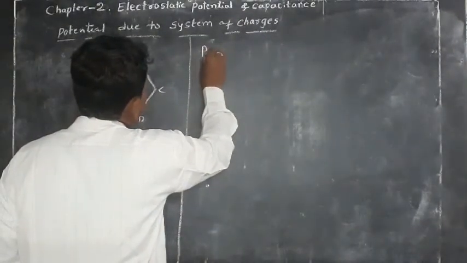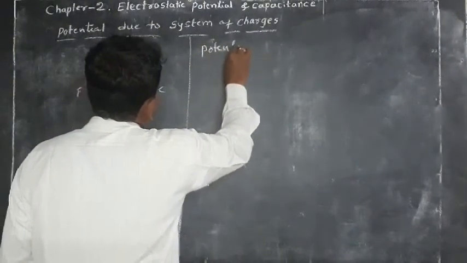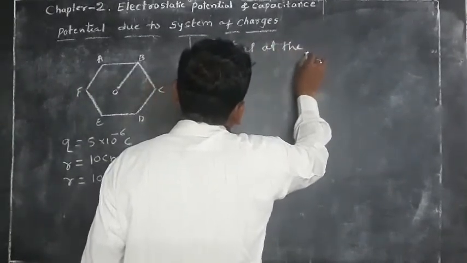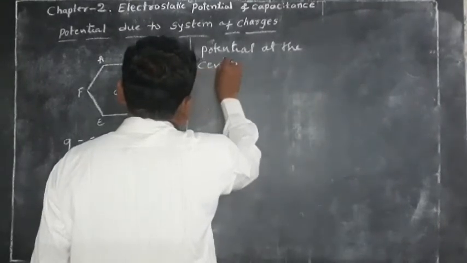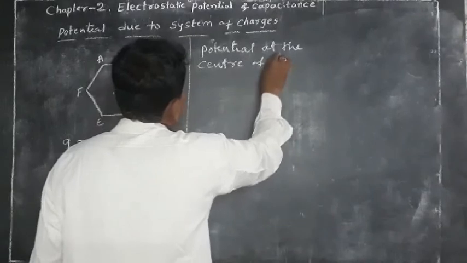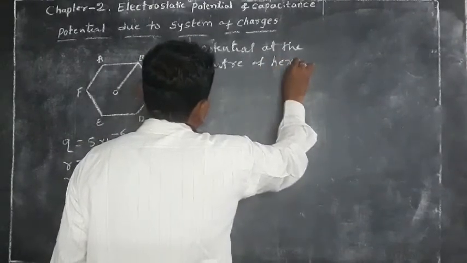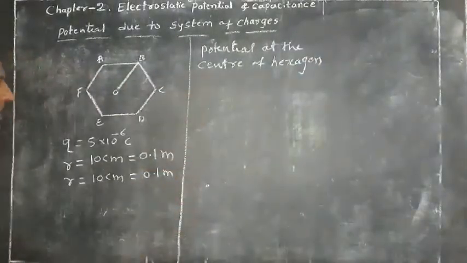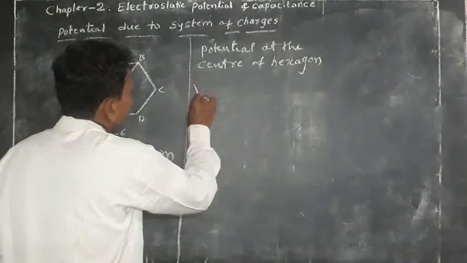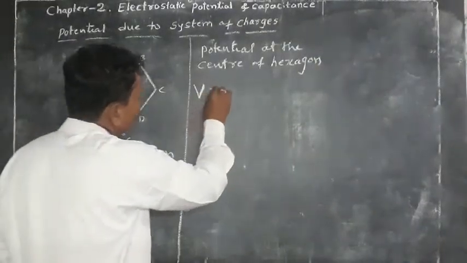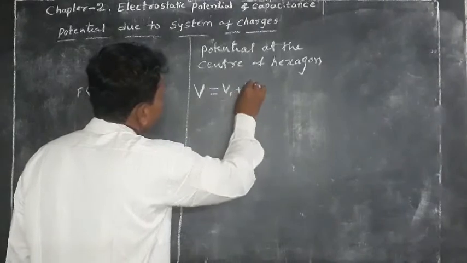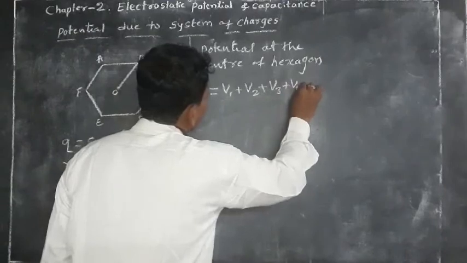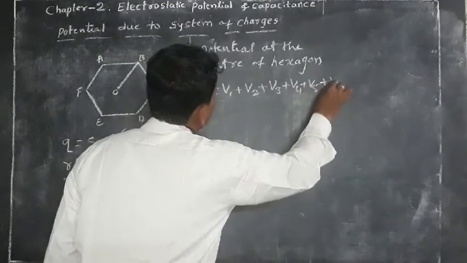Therefore, potential at the center of a regular hexagon, if all sides are equal, is phi equal to phi1 plus phi2 plus phi3 plus phi4 plus phi5 plus phi6.